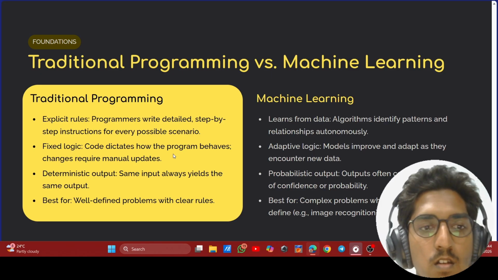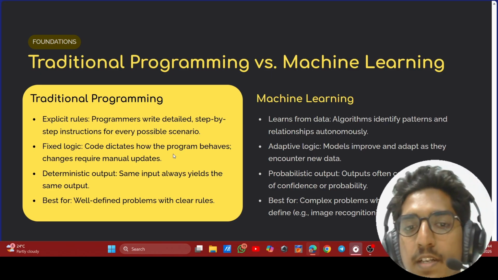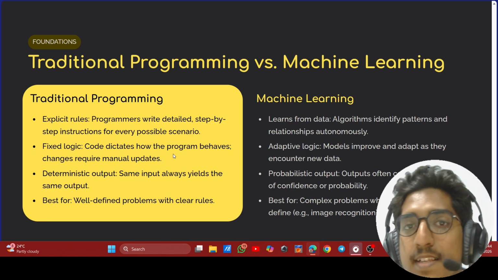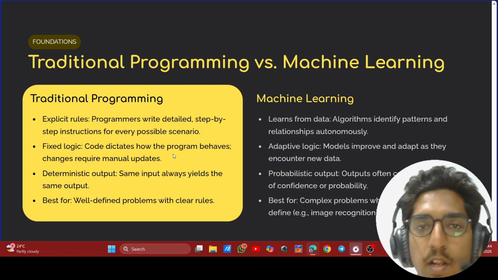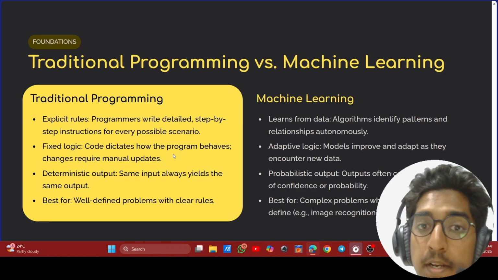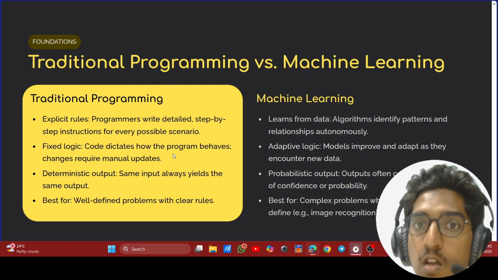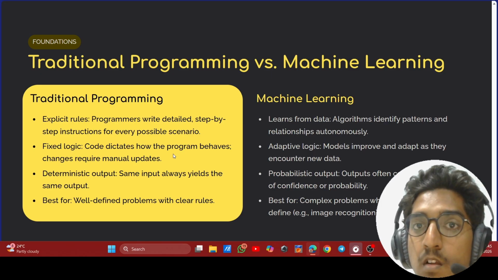So the third difference is, in traditional programming the same input always yields the same output. But in machine learning, outputs often come with a degree of confidence or a probability. So in traditional programming, when the same type of input is given, the same output is given. For example, if you want a summary of this PDF, then it gives a summary. But in machine learning, what happens? If you give the input, the summary of that page, then it gives a summary as well as the confidence or probability.